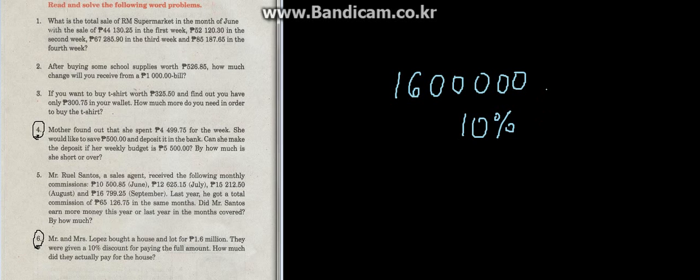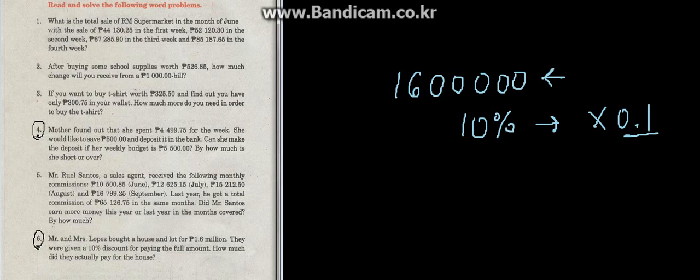So the original price of the house was 1.6 million. But they were given a 10% discount. So how much is 10%? If you want to find the 10% of a number, you have to multiply it by 0.1.